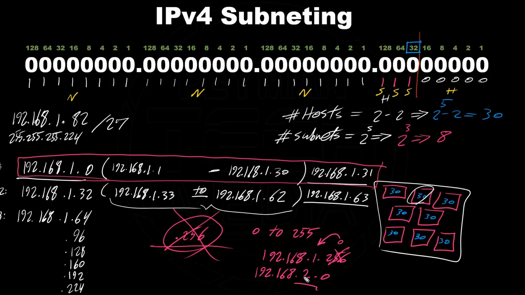Therefore, here we can see the slash notation of 27, or the subnet mask of 255.255.255.224 will give us 8 subnets. This is the first subnet, second, third, fourth, fifth, sixth, seventh, and the 8th subnet. After that, the 9th subnet, that's 256, which we talked about, that's not correct. It will take us to the next network.